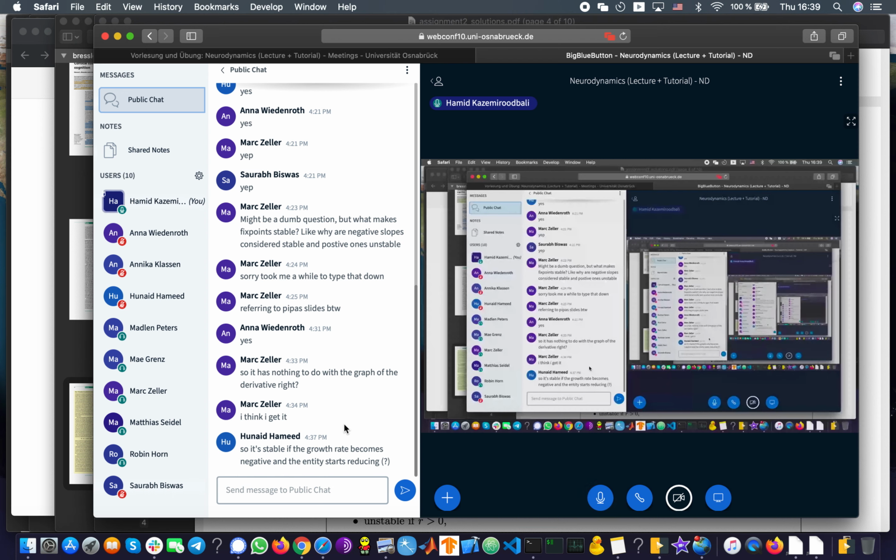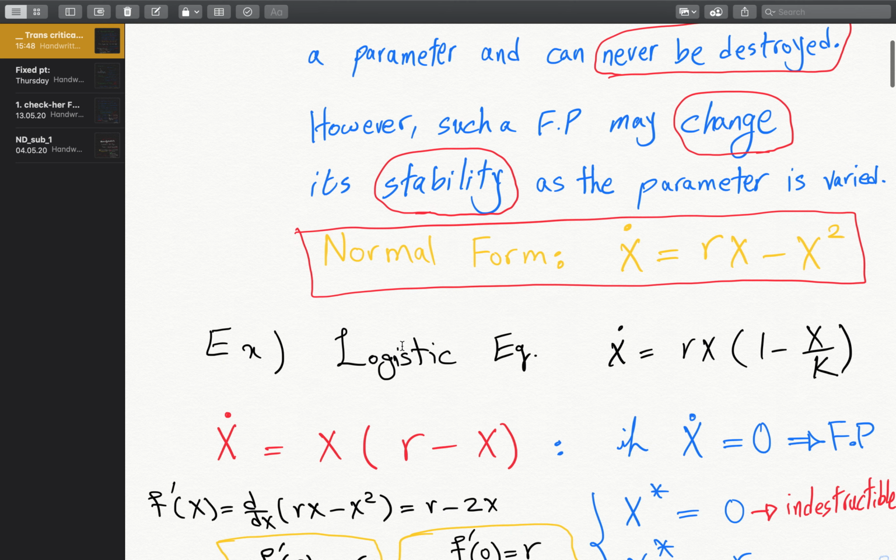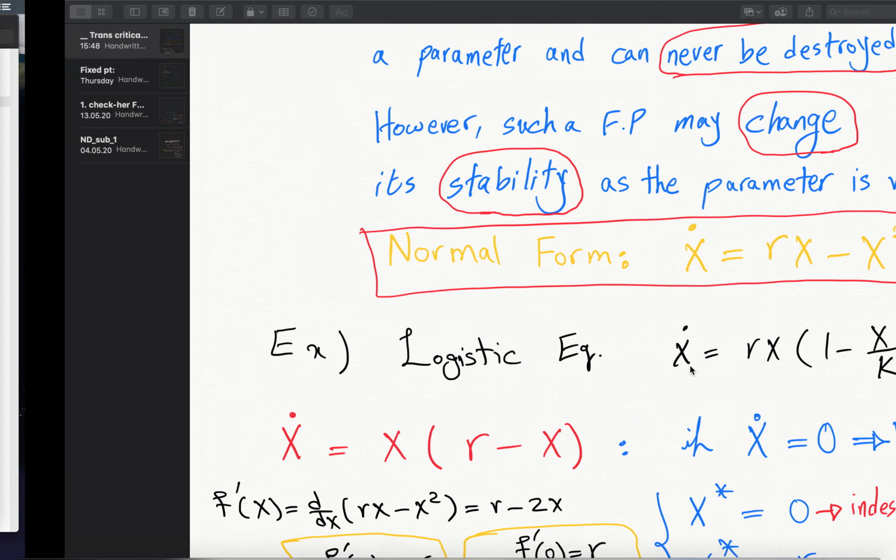So when you are talking about growth rate, it means that you have a coefficient of the variable like x. If you have something like rx, like here in the logistic equation, then this r means the growth factor.